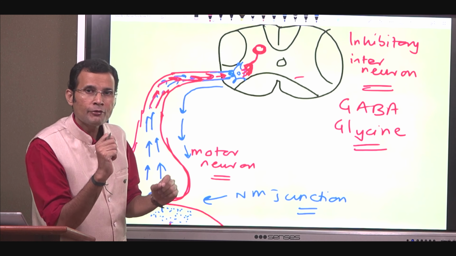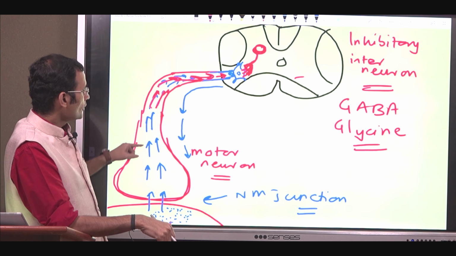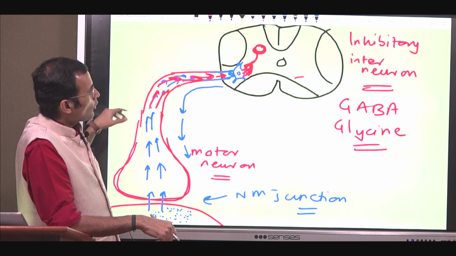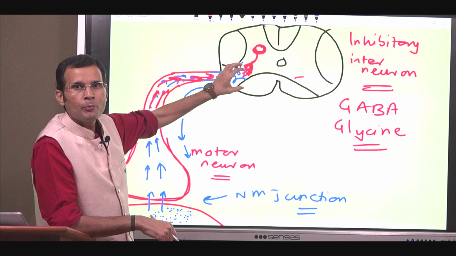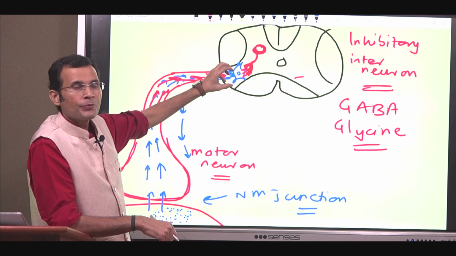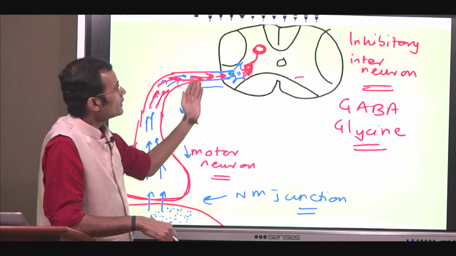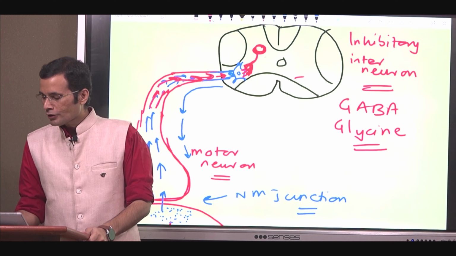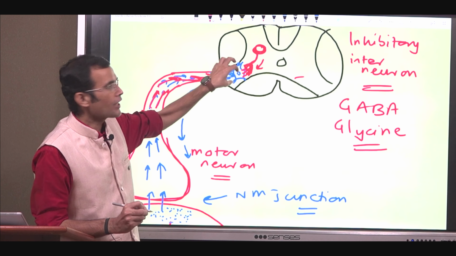But the point that we were referring to was the retrograde axonal transport. It went all the way up to the nerve cell body in the spinal cord, and from there it further went in the opposite direction. This inhibitory interneuron was supposed to keep a check.